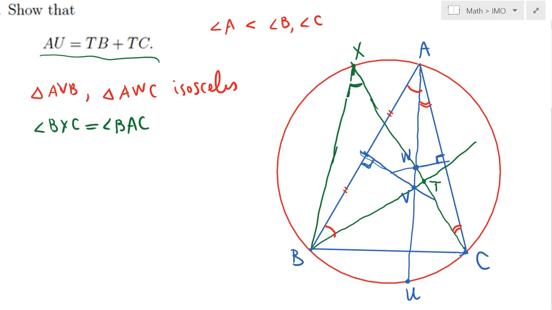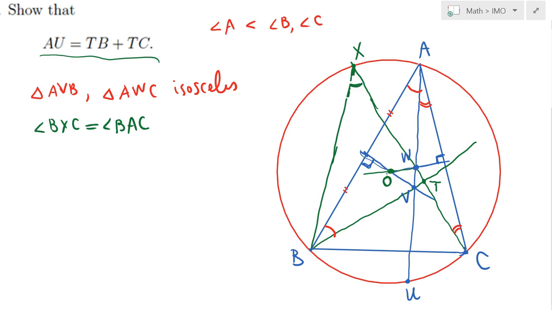Now recall that AC is a chord of the circumcircle of triangle ABC, and it is no surprise that the perpendicular bisector of AC will eventually go through this point here, which is the circumcenter, right, where the two perpendicular bisectors of two chords meet. So that point is O, the circumcenter of our triangle.